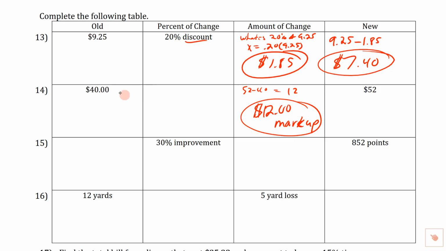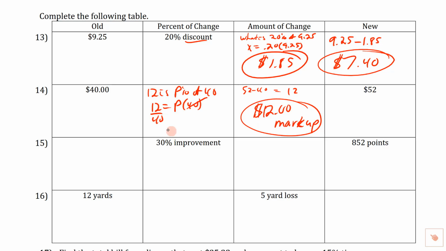So then what we want to do is we want to figure out, gosh, if we know these two things, what was the percent of the markup? What percent did it go up? So the amount of this change is this percent of that right there. So we're going to say 12 is some percent of $40. So 12 equals P times 40.